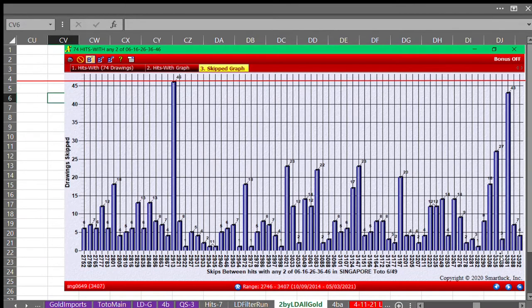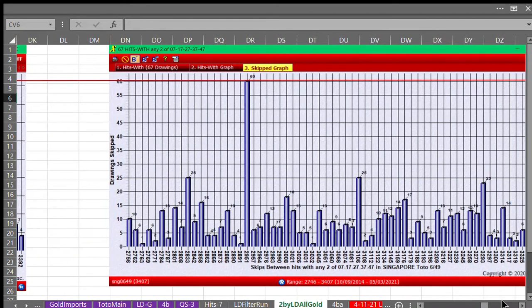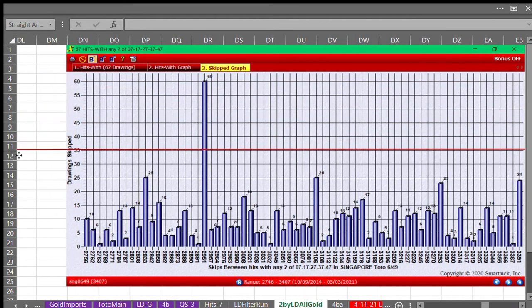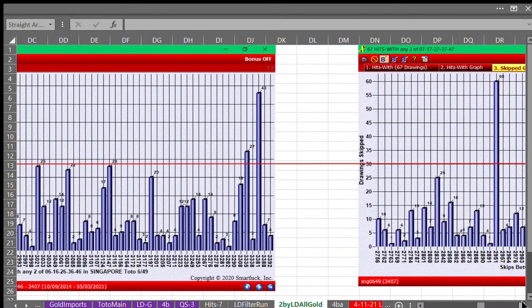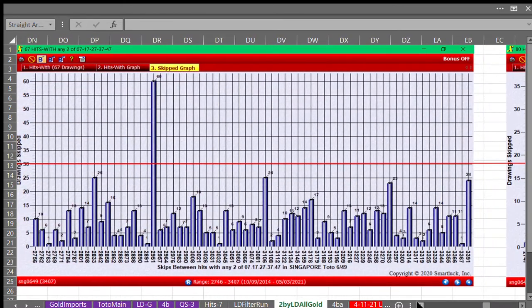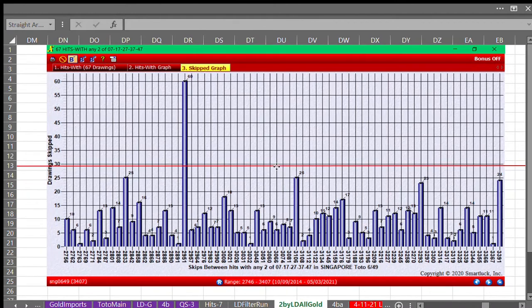All right, so now we'll go to last digit 7s. So last digit 7s also had an anomaly. It went all the way to skip 59 here. So that's interesting. And then previous symmetry over here was sidereal. And by sidereal, I'm talking about like a clock, 12 hours, 24, 12, 24, 36.